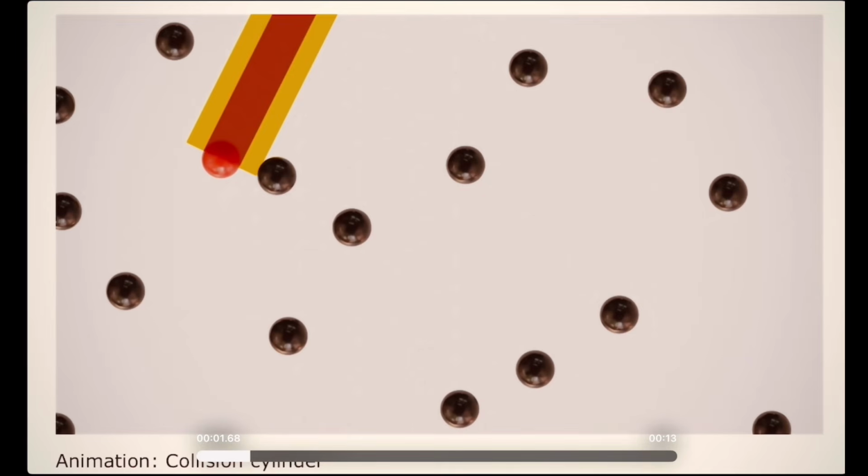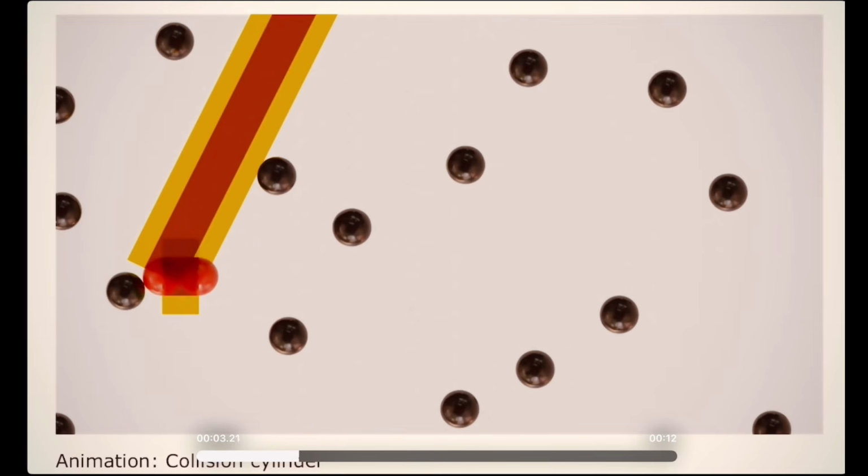Now the black one is lying outside; the center of that molecule is lying outside of the collision cylinder, therefore there is no molecular collision. Now another gas molecule, also black, has its center inside the collision cylinder, therefore there will be a molecular collision. Due to this molecular collision, the direction of the gas molecule is changed.